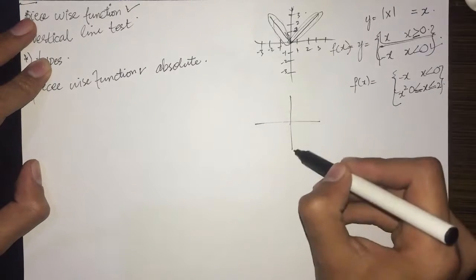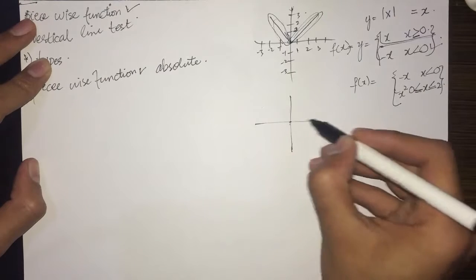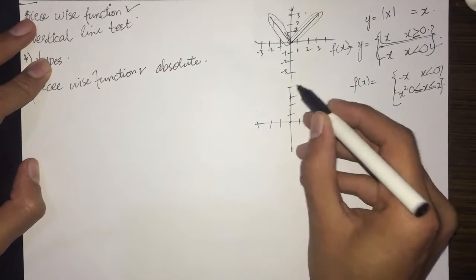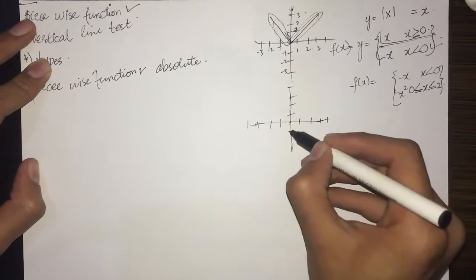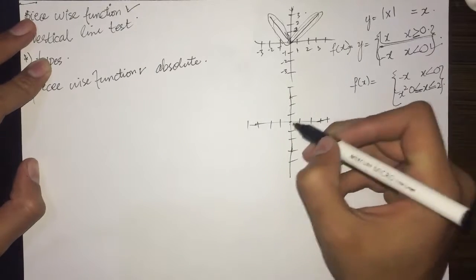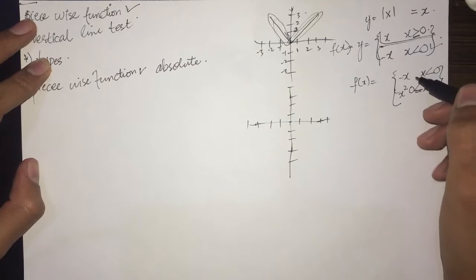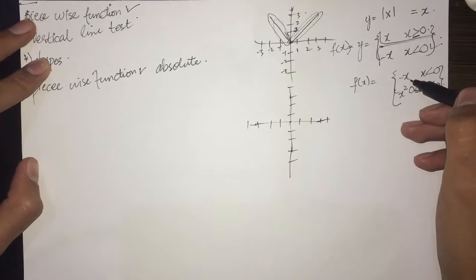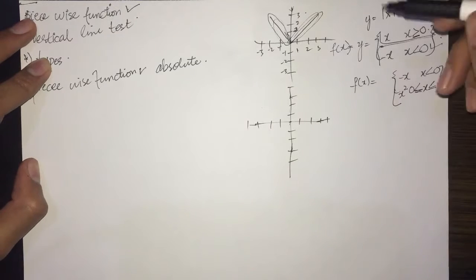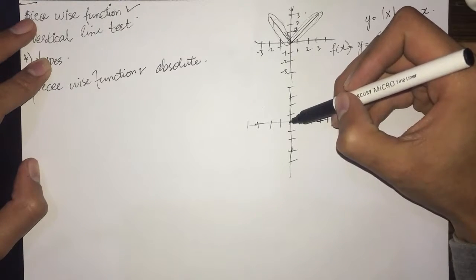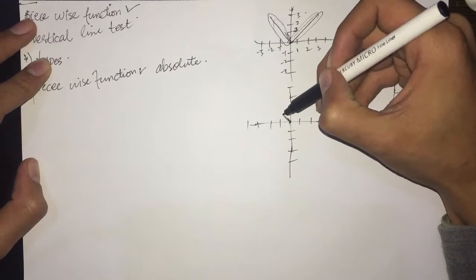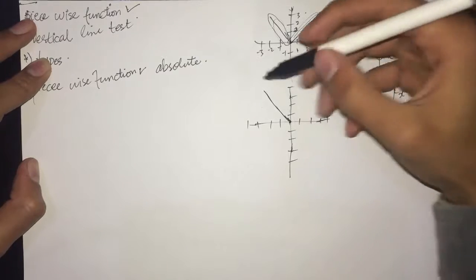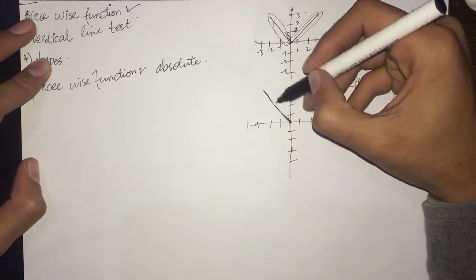Well, it's pretty simple. f of x equals minus x when x is less than 0. So the value of y is minus x when x is less than 0. So its graph is going to be like this.